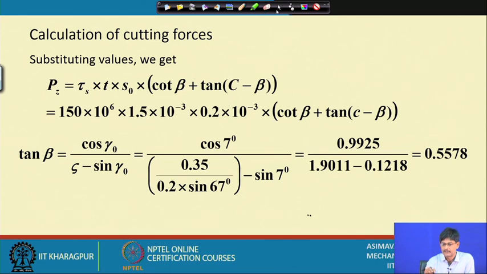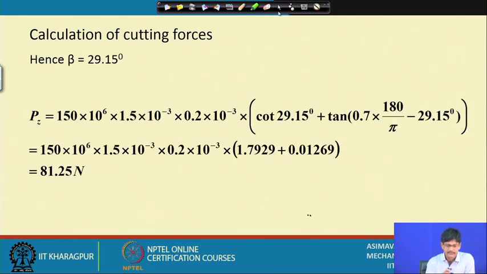Now, let us see what we found. Hence we found out the value of beta, and after that we have put here cot beta plus tan of C minus beta. We have converted this to degrees and therefore we can retain the degrees here, and by the multiplication I have found the answer to be 81.25 newtons.